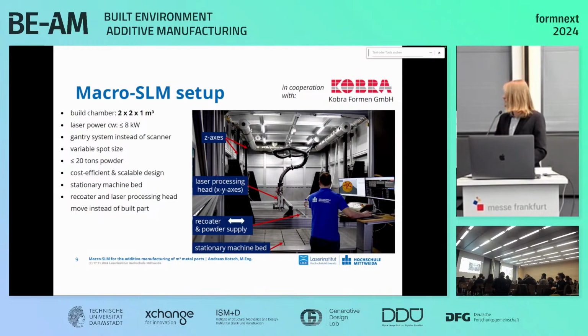So the machine bed is stationary, while the recoater and the laser processing head together move upwards on the 4 parallel Z axes. And they are combined with an XY positioning stage. So that's a very simple optical design. We also have very variable spot sizes. And yeah, I think I mentioned all of the important parts.